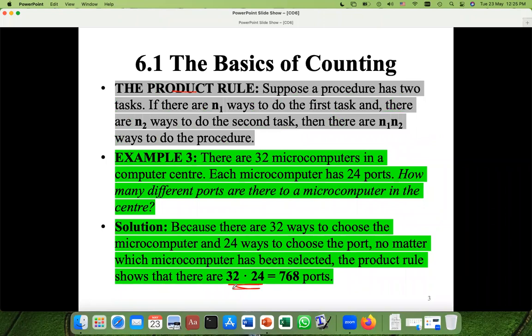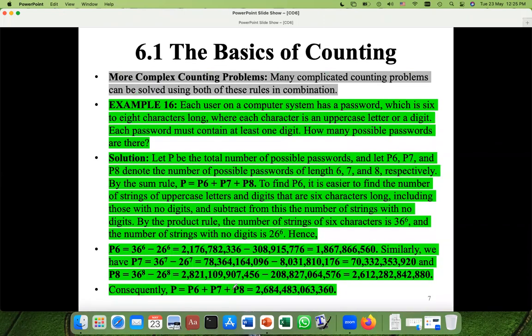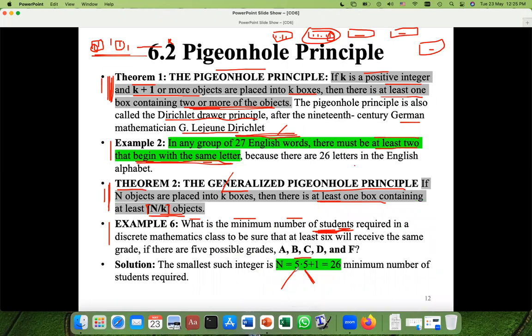First you have to calculate the number of students. That is why we are multiplying 5 students with 5 grades, and after the product you will have 25. But you want at least 6 to receive the same grade. So according to these theorems, put one more, that one additional extra student.